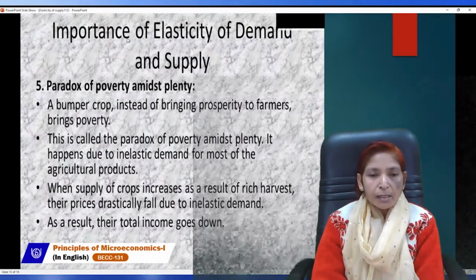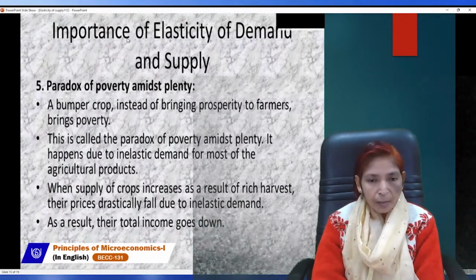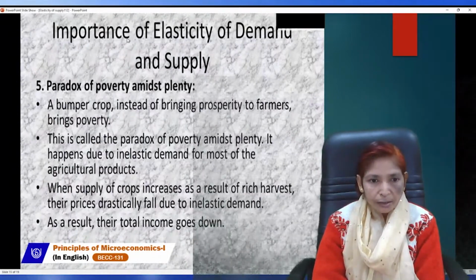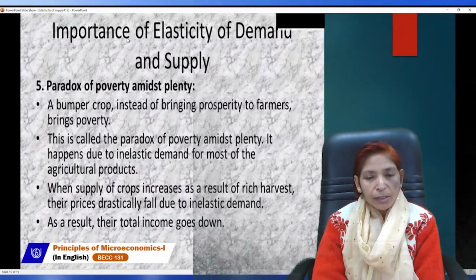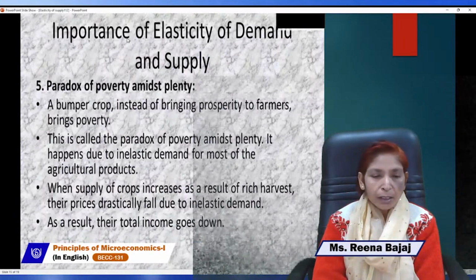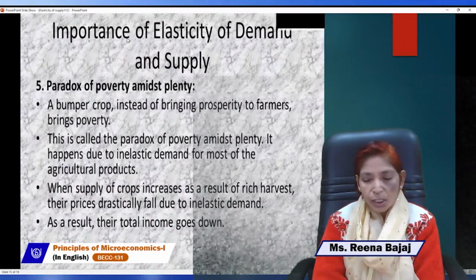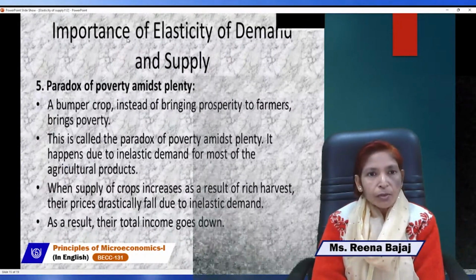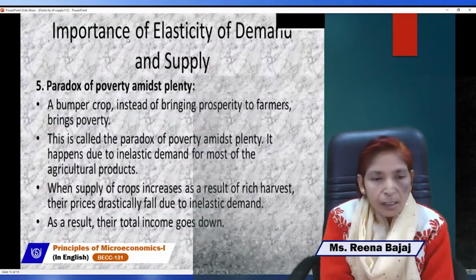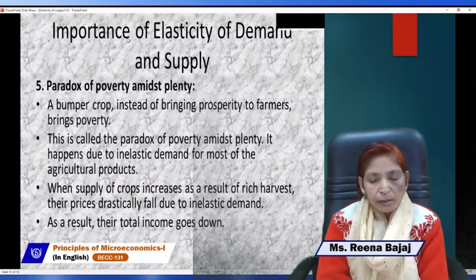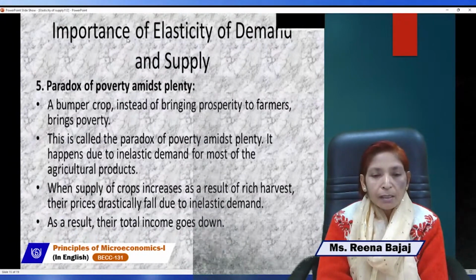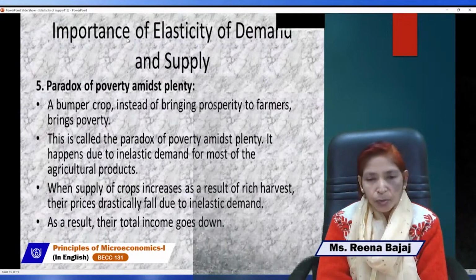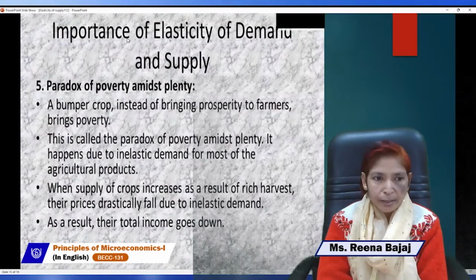So in this case, there is inelastic demand for the agricultural product, and supply that is inelastic or sometimes elastic due to change in weather or monsoon. So in case of agricultural products, producers or farmers remain always poorer due to inelastic demand for most agricultural products.